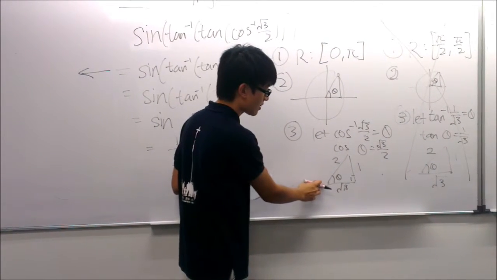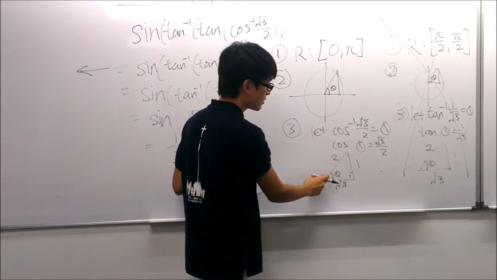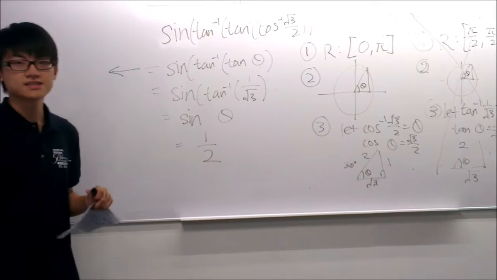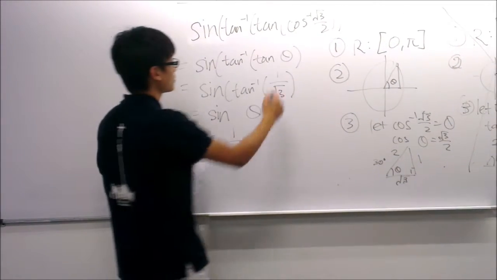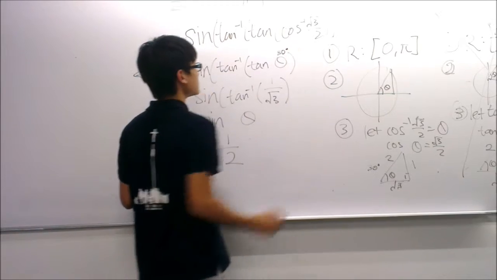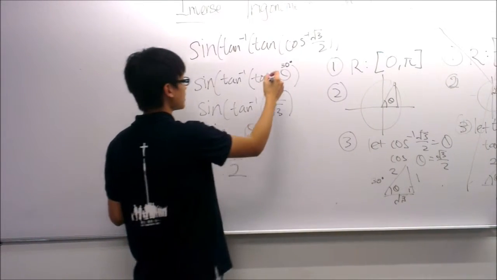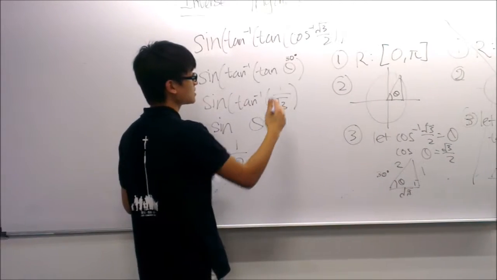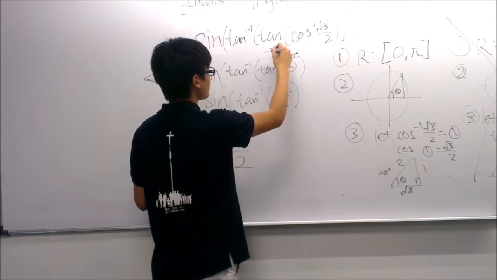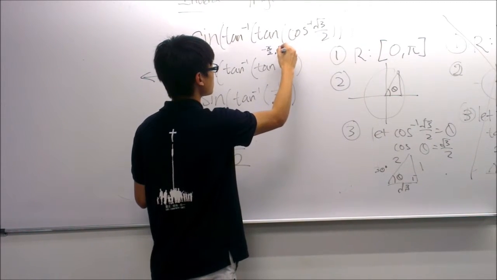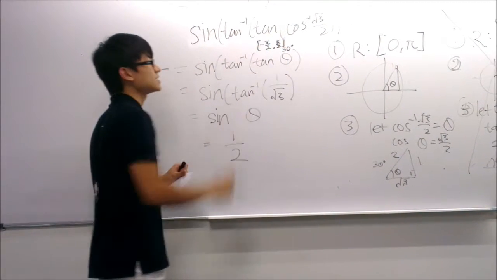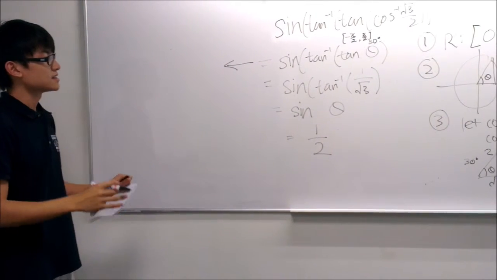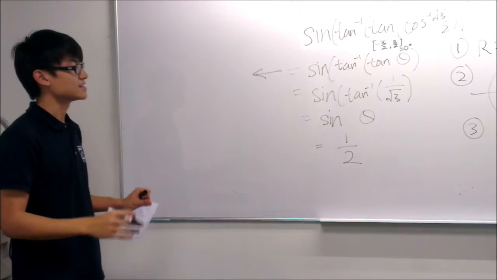From this graph, we know that the angle will be 30 degrees by using the 30, 60, 90 triangle. The domain of the tangent function is between negative pi over 2 and pi over 2, so the 30 degrees is actually in the domain. In this case, we can apply the tangent inverse tangent identity.